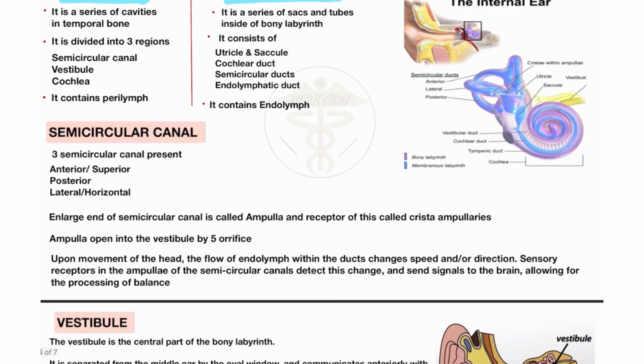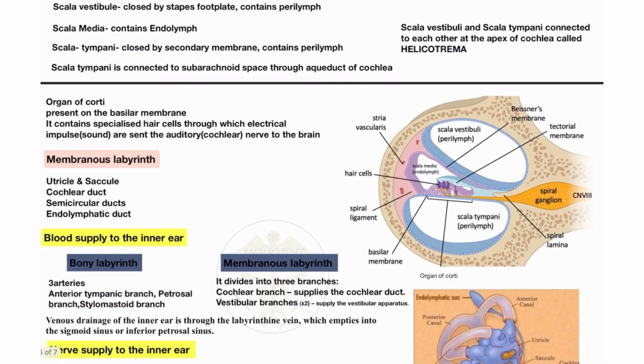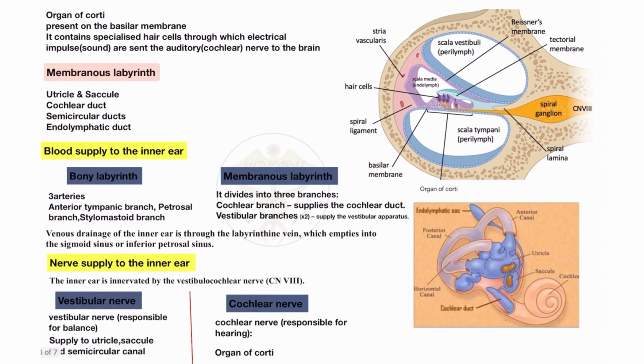Don't confuse this, because the cochlea, vestibule, and semicircular canal are parts of the bony labyrinth, but here you see duct: cochlear duct, semicircular duct, endolymphatic duct, not endolymph. Endolymph is a fluid. So the endolymphatic duct is a part of the membranous labyrinth. Please learn that the semicircular duct and cochlear duct are parts of the membranous labyrinth, not the cochlea or semicircular canal.